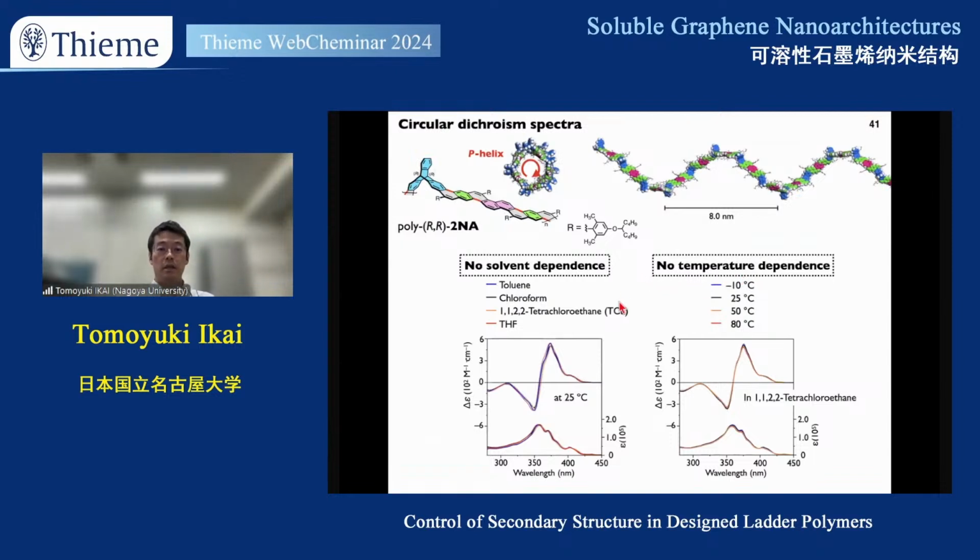So this indicates that this pi-extended helical ladder structure is highly stable. We believe that this ladder polymer will contribute to the future development of robust functional chiral materials whose performance is independent of the external environment.